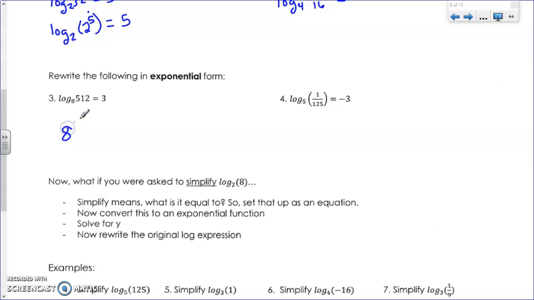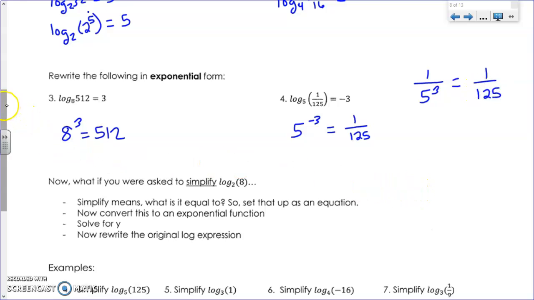So that's going to be 8 to the 3rd equals 512. 8 cubed is 512. Okay, here 5 to the negative 3 equals 1 over 125. So if you remember negative exponents, that would be 1 over 5 cubed, and 5 cubed is 125. So hopefully this is making sense.